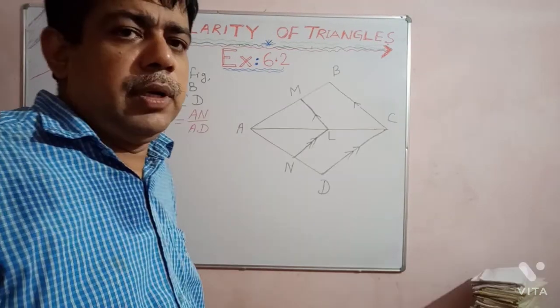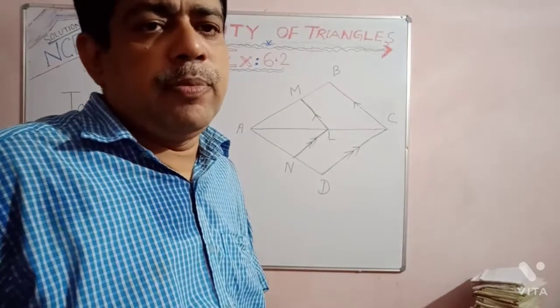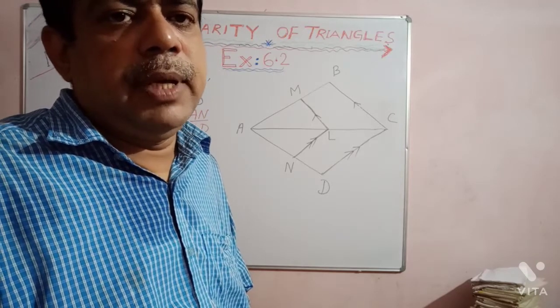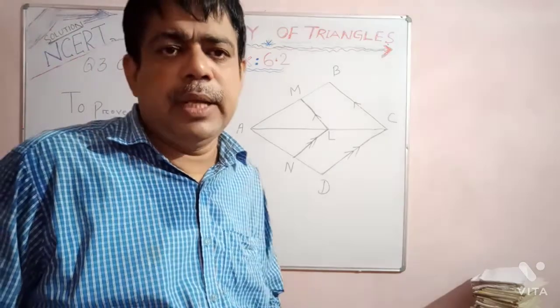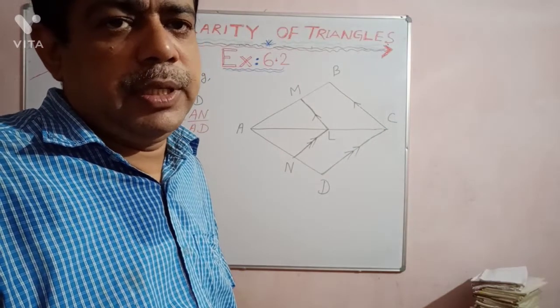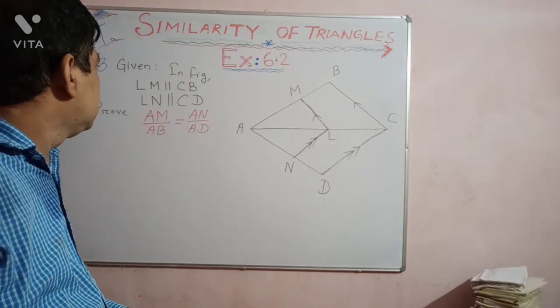Hello students. In this class, I am discussing a problem from your NCERT math book of standard 10, exercise 6.2, similarity of triangles. Question number 3. It's a very simple problem. Let's find what is given in the question.